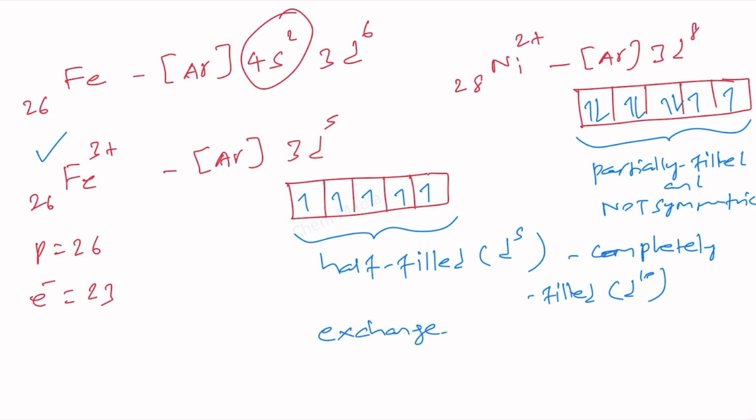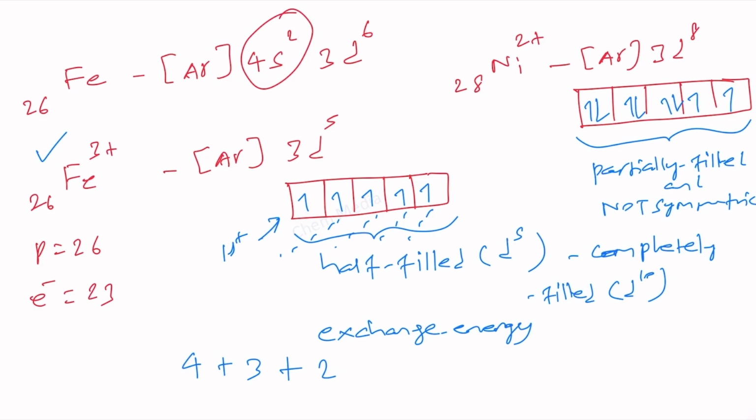What we mean by exchange energy is, when we have 2 or more electrons in the d orbital with the same spin, there is a possibility of exchanging their positions. For example, this electron, let us say this is the first electron, instead of going here, it can go here or here or here or here. That means 4 different exchanges are possible. Likewise, when the second electron comes in, 3 different exchanges are possible. Then when the third electron comes in, 2 different exchanges are possible.